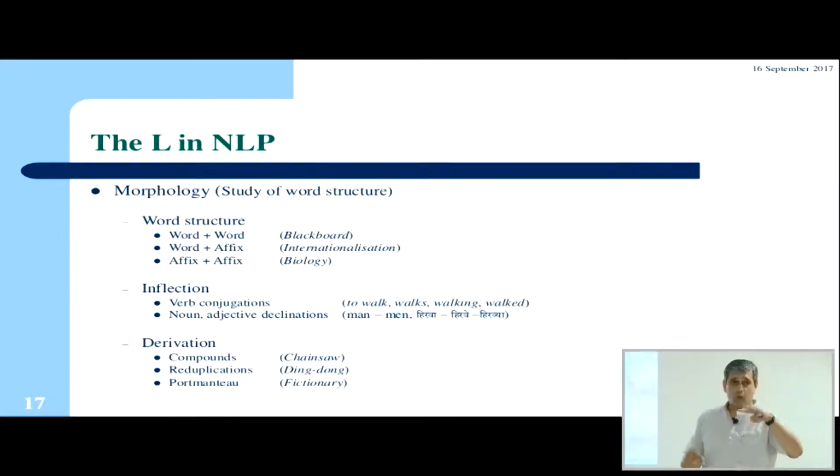Walk, to walk, I walk, you walk, he walks, etc. That is the present tense. Then you have the present continuous, walking, or the gerund form, then walked, the past tense, etc. So all this is called inflection, again a simplistic term, but still it is the construction of this that interests morphology. Then you have noun and adjective declinations.